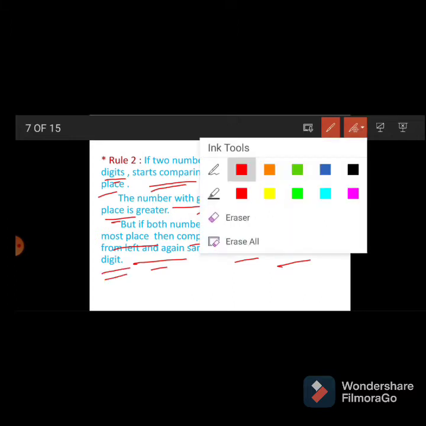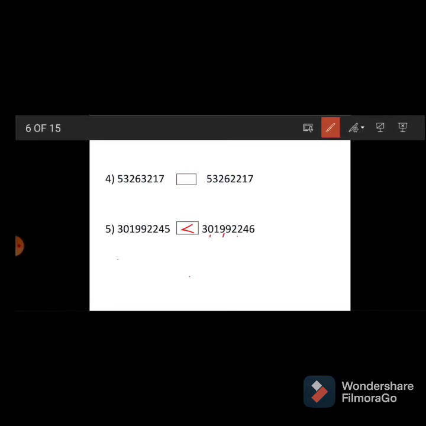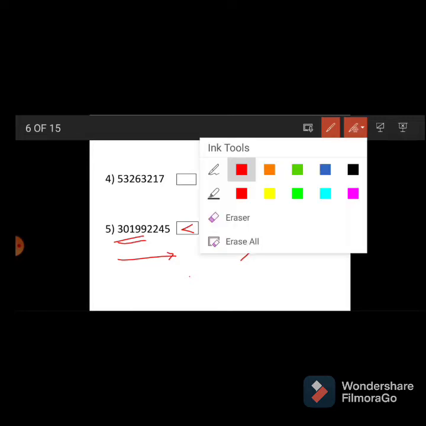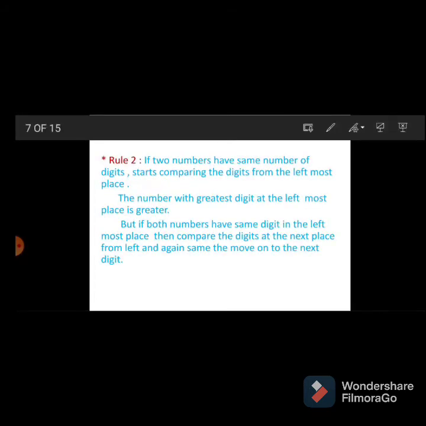It means in the earlier examples we have done the same. We started from the left hand side and moved to the right hand side, checking which digits are the same and which are different. Okay, and then see the next point.